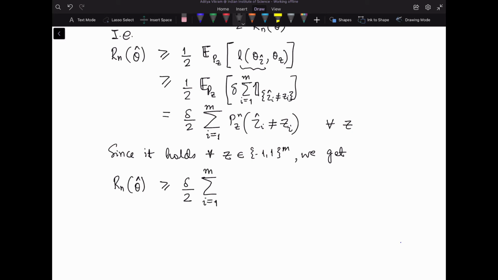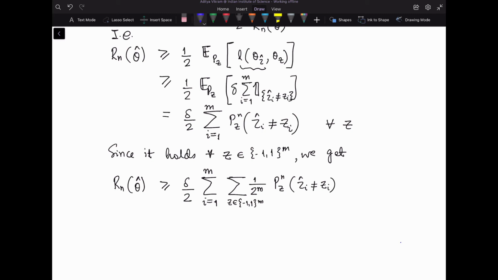And now we replace this P_z with the average distribution, average over all z's. Okay, and there are 2 to the power m possible z's.